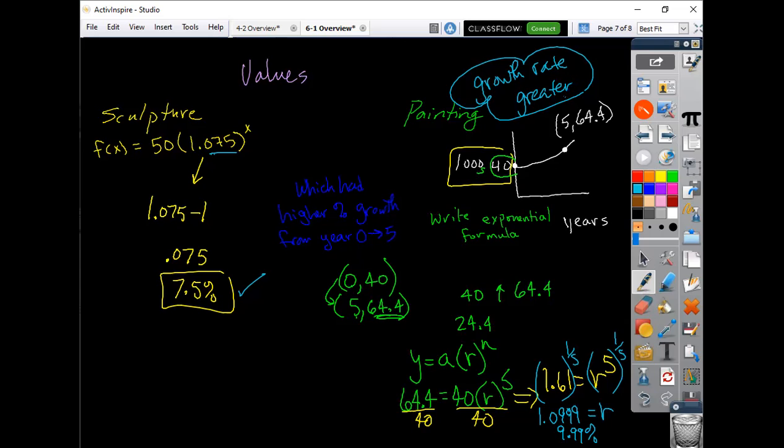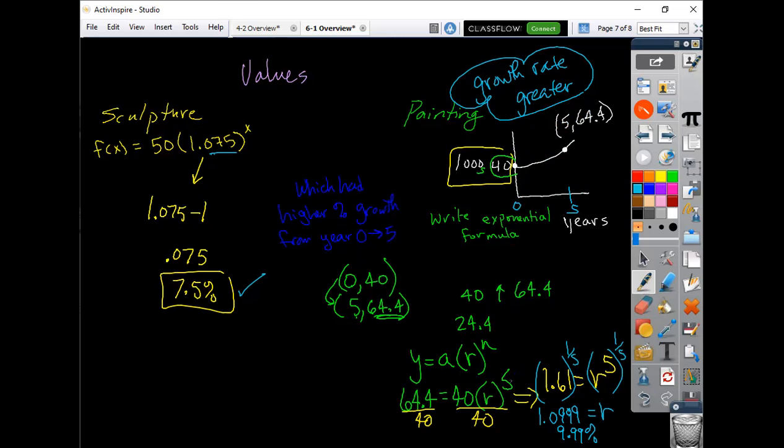So that's how you could take 2 points. If they gave you 2 points, you know it's exponential growth rate, how much is growing by year from 1 year to the next. And then if you follow that same procedure, starting amount, they gave us that, times our rate, we don't know that. We knew it went from 0 to this was 5, so it was over 5 years.